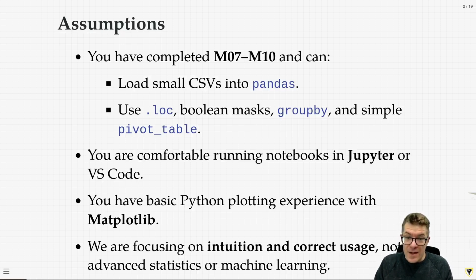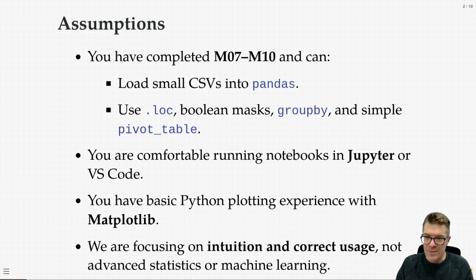You have some basic Python plotting experience. Mostly this has been what I've provided so far, but you've at least seen some plots using matplotlib. So far we've been focusing on intuition and usage of the tools, and we haven't yet got into any kind of advanced statistics or machine learning.